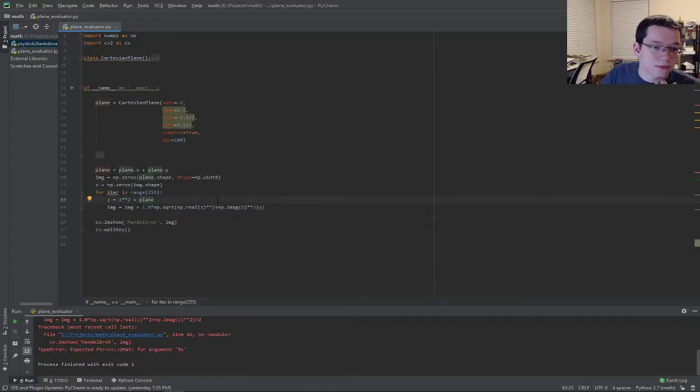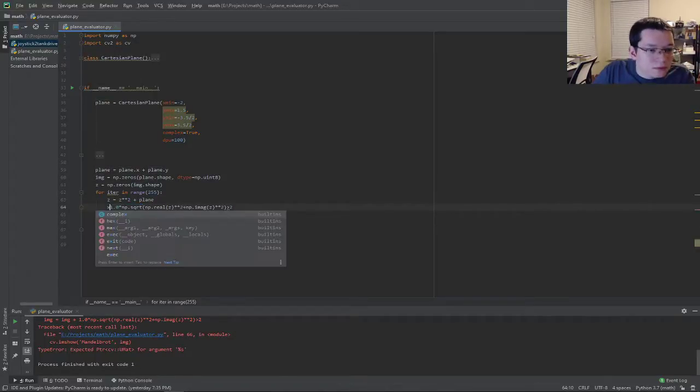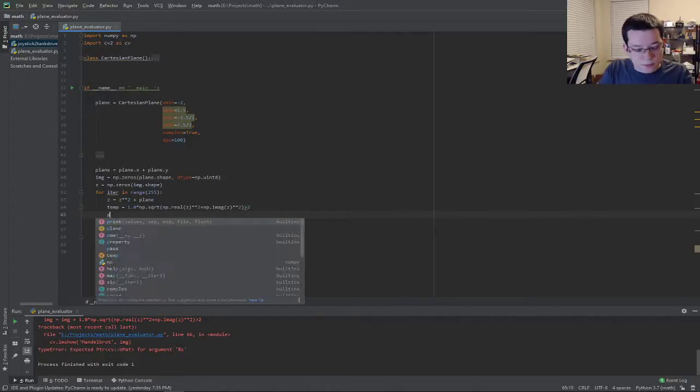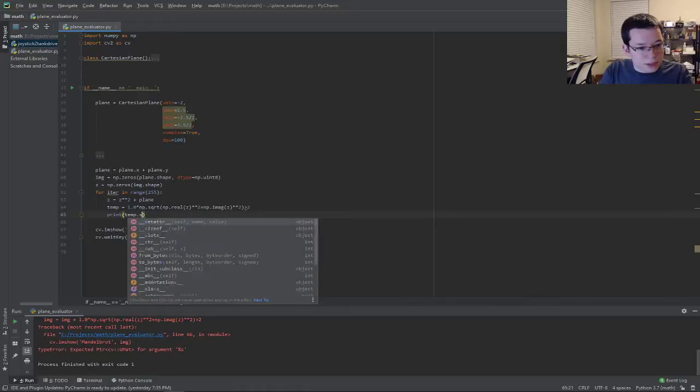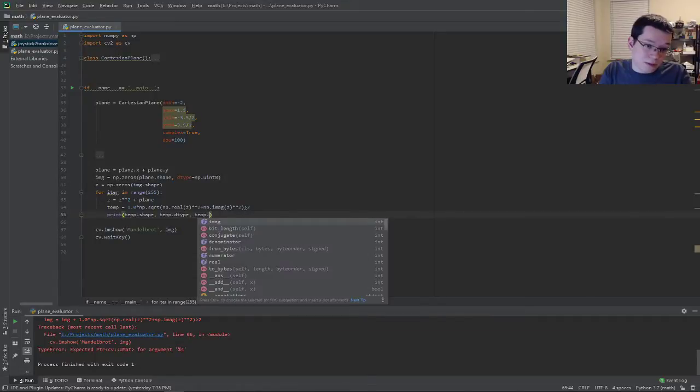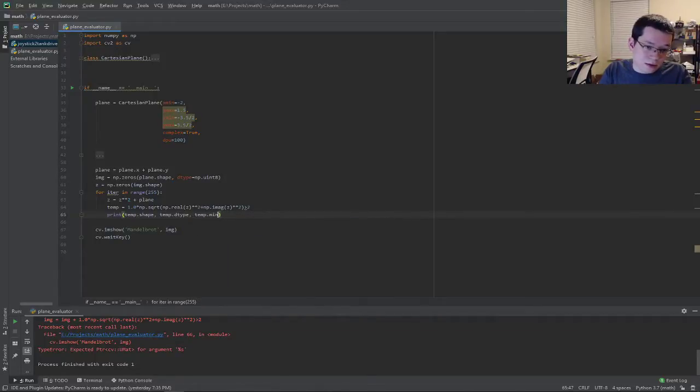Okay. Temp equals that. Print temp.shape, temp.dtype, temp.min and temp.max.